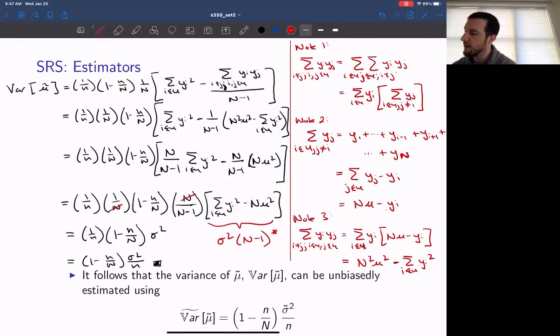Because I think that had I just written out the variance of mu tilde in the black font and then went from the first line on this slide to the second line, most students probably would have been pretty confused as to how I got from this sum across the product to the n squared mu squared minus the sum across i and u of yi squared, which is fair enough.